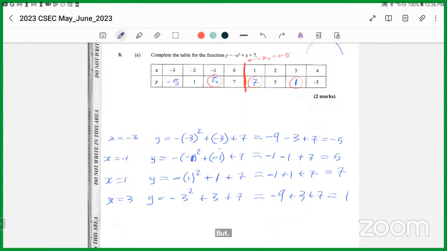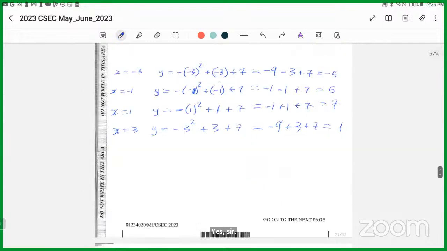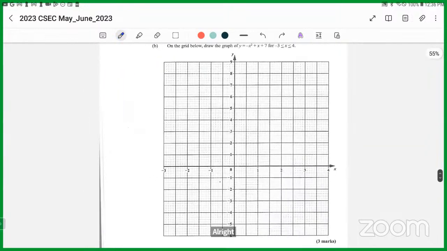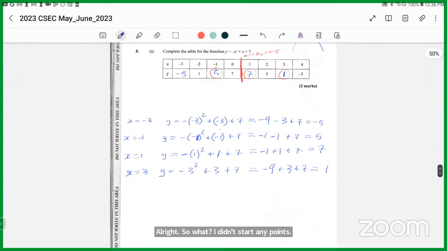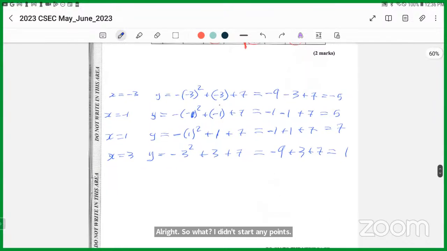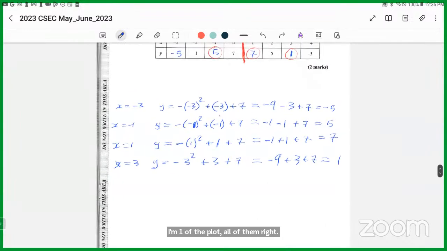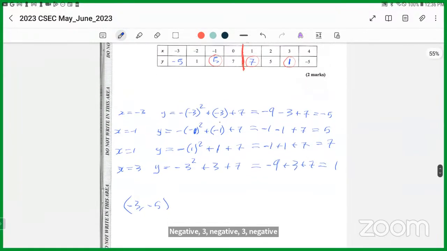All right, so now it's a matter of plotting those points. Because I didn't plot any points first on the graph, I'm going to have to plot all of them. So I must write them out and copy them on the next page. One point is -3, -5, then -2, 1. That's this one, -2, 1.